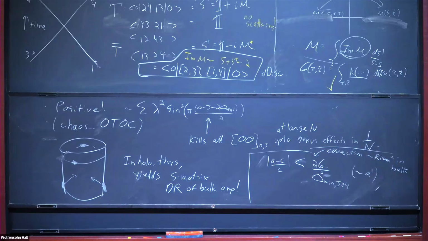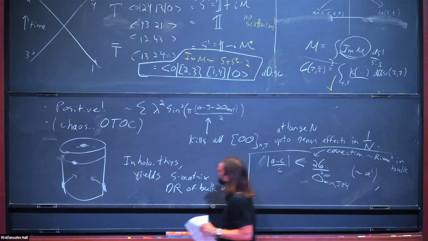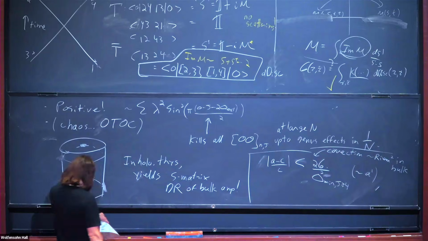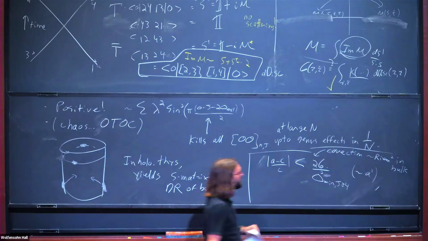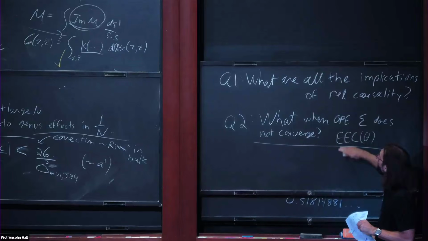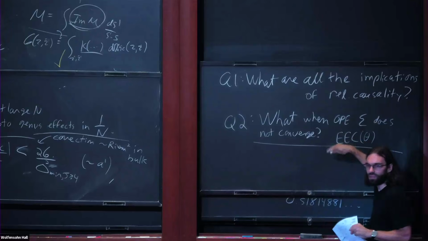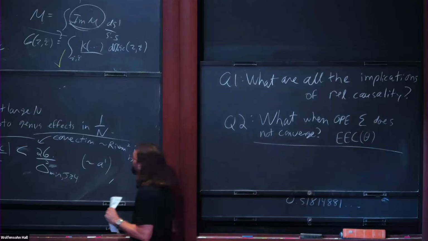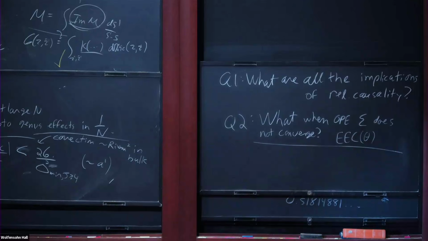This is one tool you can use to do this. And since I'm running out of time, maybe I just want to say a little bit about this connection with real operators, unless there are questions.